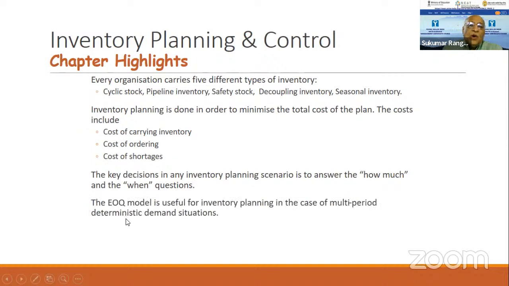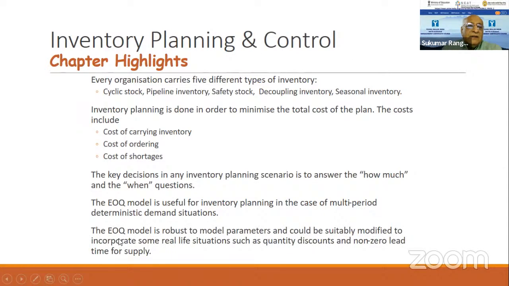The EOQ model is useful for inventory planning in the case of multiple period deterministic demand, as we saw in that example earlier. The EOQ model is a robust model.